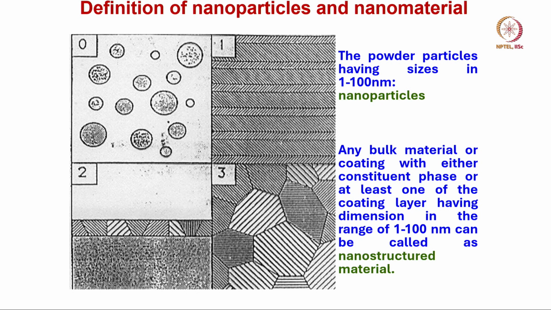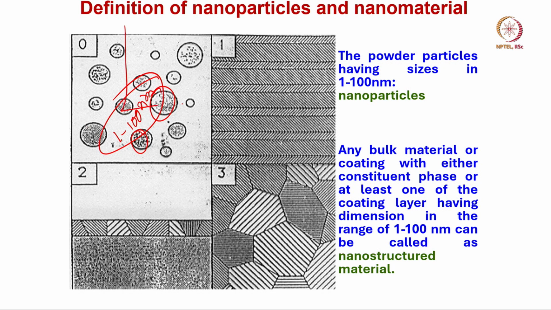Nanomaterial is classically defined as the class of materials with size in at least one dimension in the range of 1 to 100 nanometer. If you look at the particles, all of them should have a diameter of 1 to 100 nanometer, then we call it nanomaterial, or at least the majority fraction of the particle size.